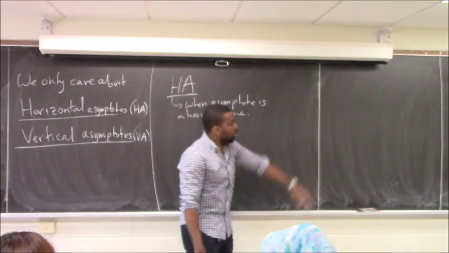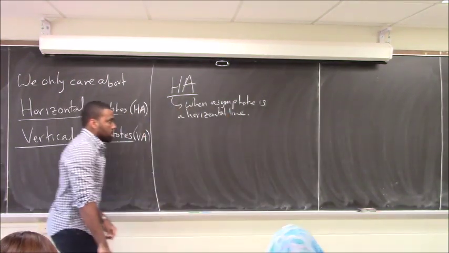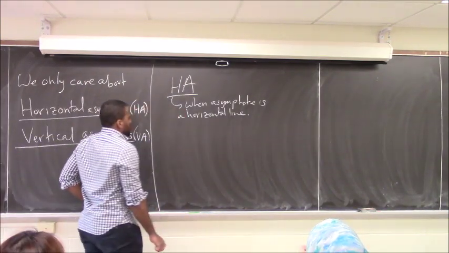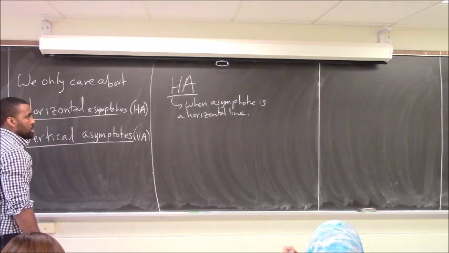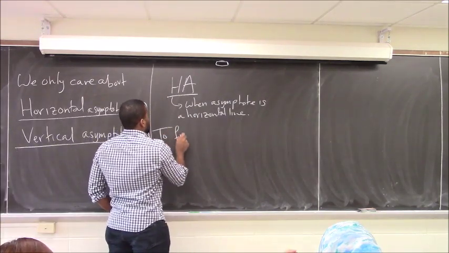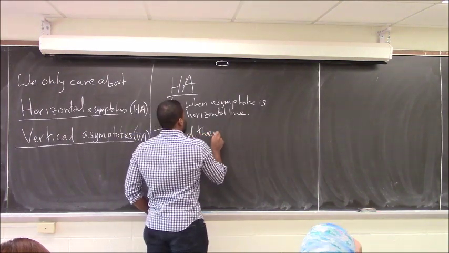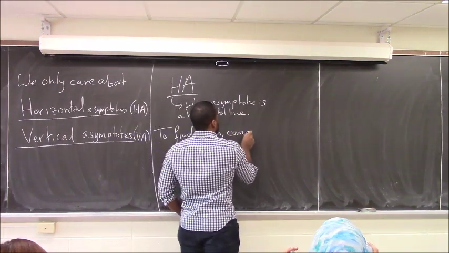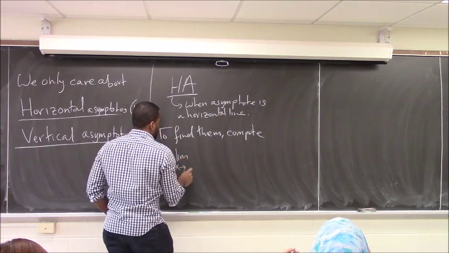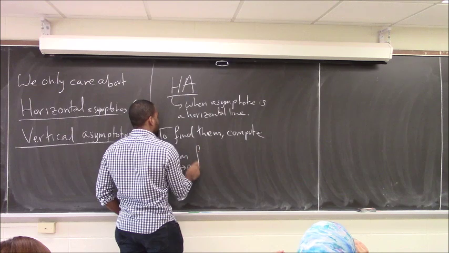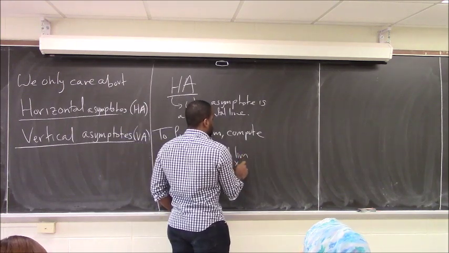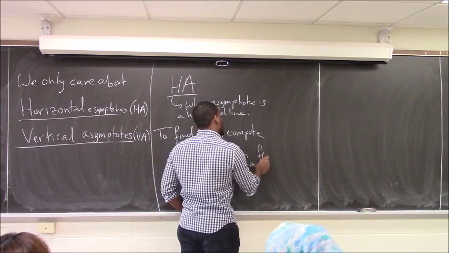The 1 over x minus 1 function had one horizontal asymptote, namely y equals 0. And so basically you want to know how to find these. To find them, compute two limits. You find the limit as x approaches infinity of f of x, and you find the limit as x approaches minus infinity of f of x.